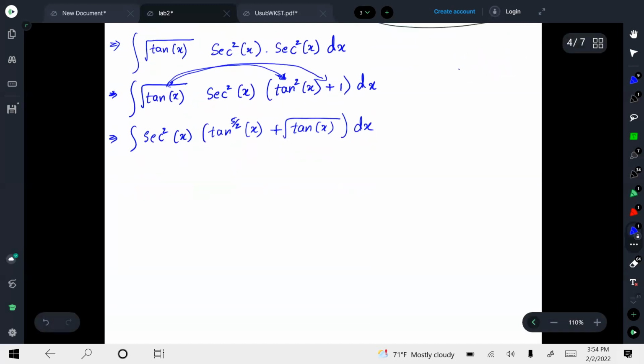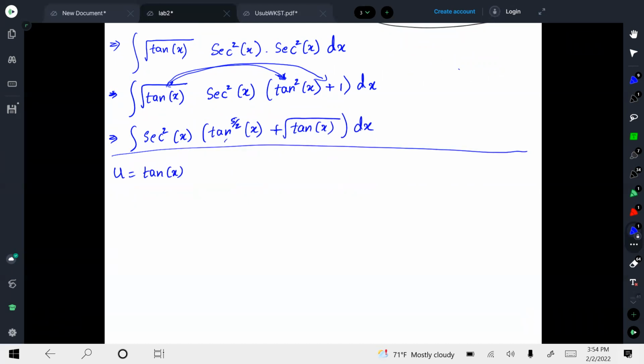Now you can substitute. Okay, let's see. I will take u as tan of x because I have tan of x. I would like to take this as u, then solve it, or else you can think of it like this: if I take u as tan of x, then its derivative is secant square x, right? So that I can cancel this secant square x as well.